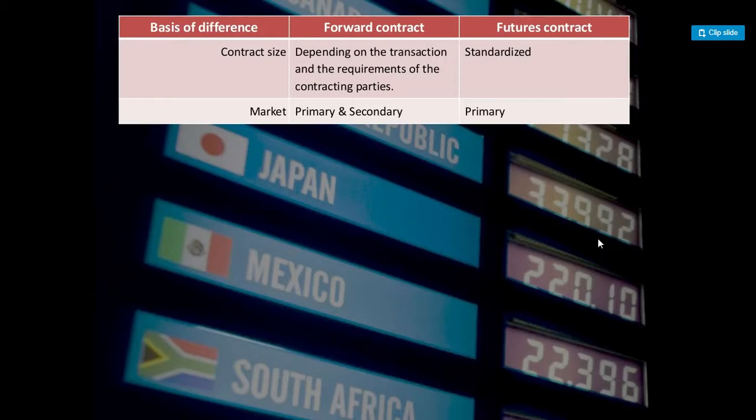Whereas future contracts are daily settled on a mark to market basis according to the profits and losses of the buyer and the seller, so liquidity is very high, and contracts are standardized. And they are traded on exchanges.